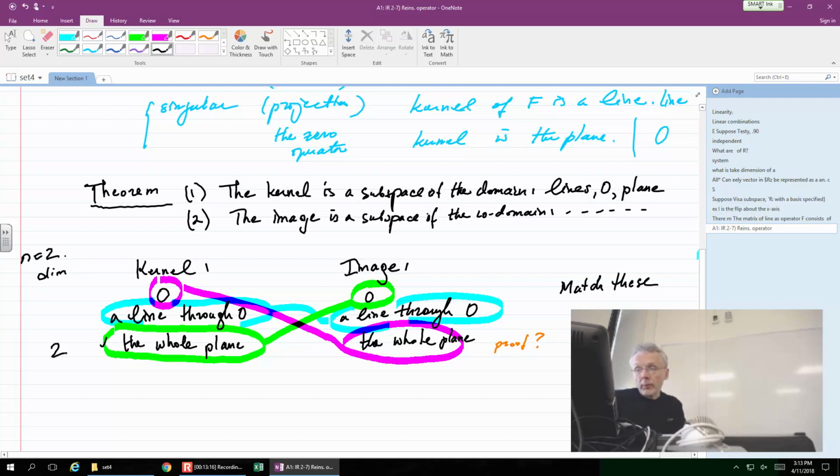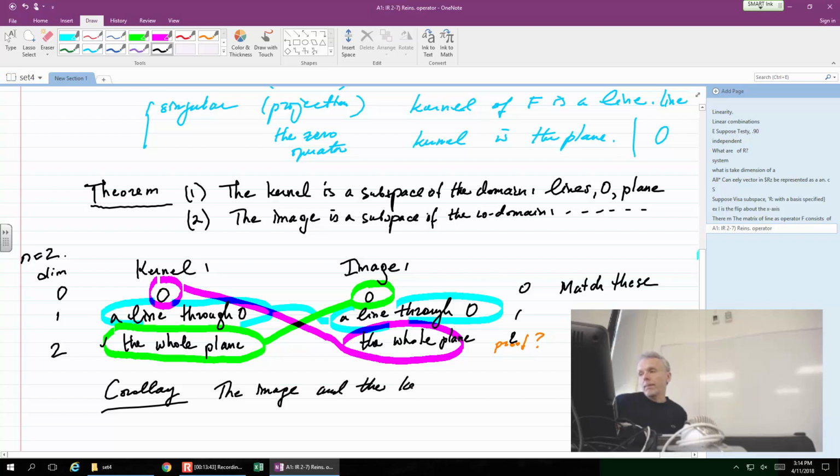The dimension of the whole plane is 2, dimension of the line is 1, and the dimension of one point is 0. The sum is up to 2. So 0, 1, 2. And so the match, they have complementary dimensions. So the image and the kernel have complementary dimensions.